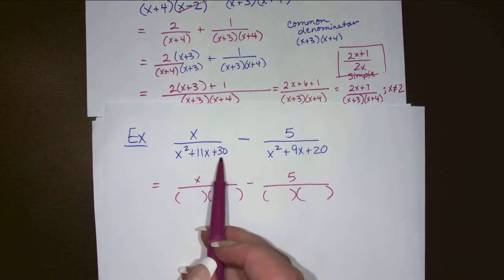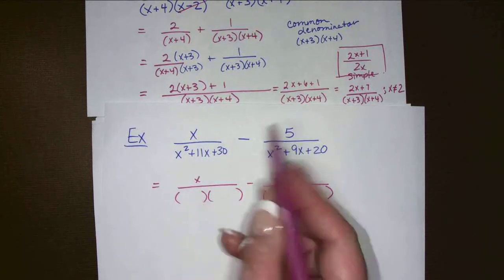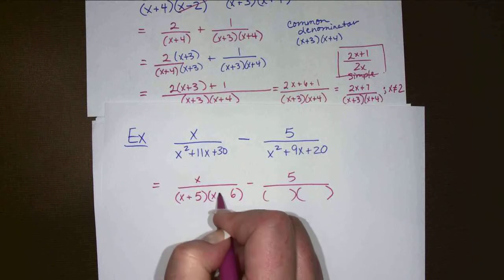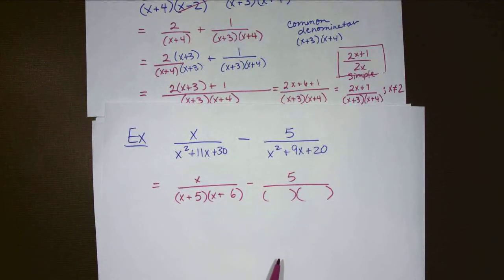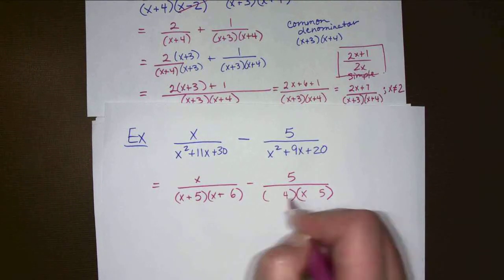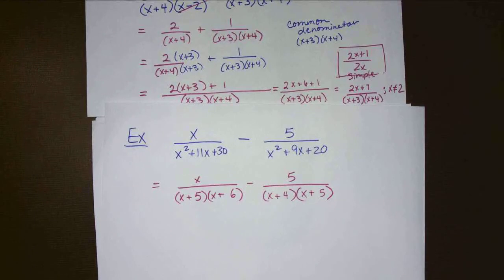So 30. Multiply to 30, add to 11. 6 times 5. Both plus. They add to 11, they multiply to 30. 4 and 5. If you can't think that quick, you write it down. You have to practice these later anyway. But we did the factoring part already, so there's nothing new in that part.